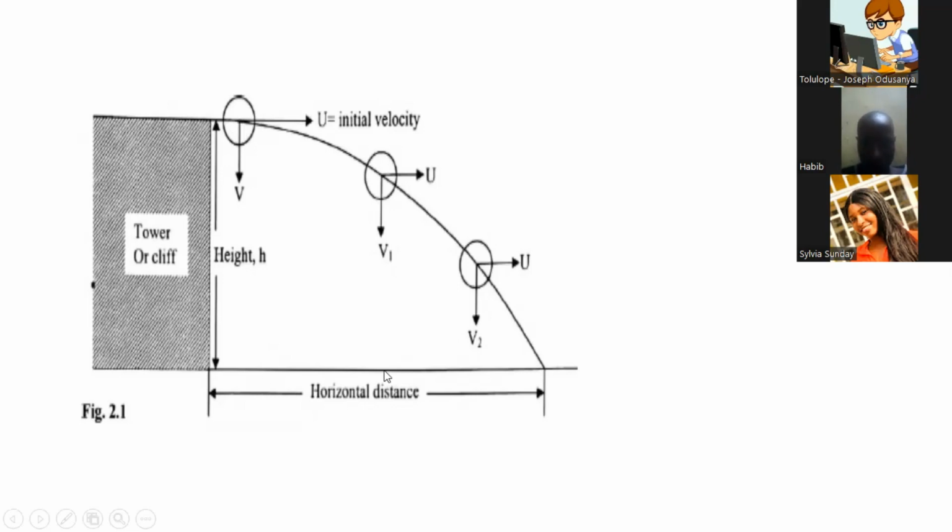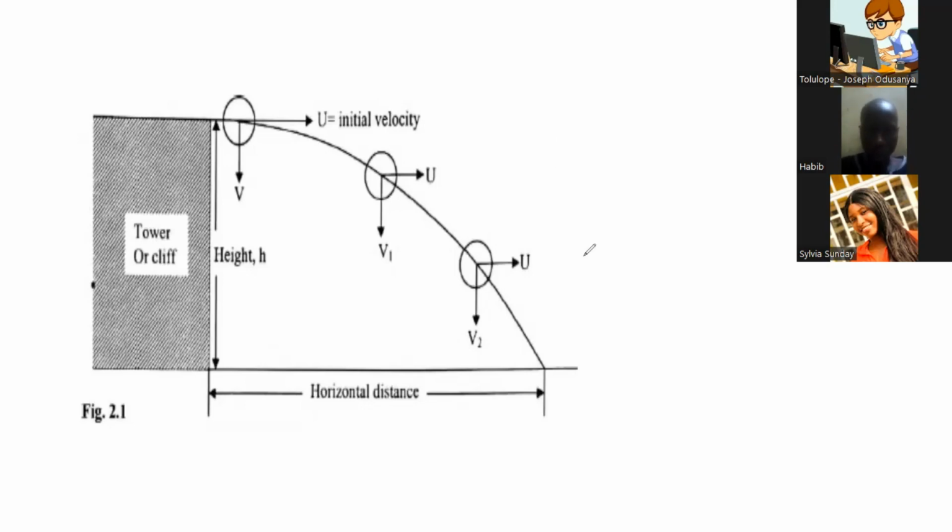The first one is the horizontal motion, which is moving at constant velocity. The other one, the vertical one, is moving under gravity. This kind of motion, we can resolve it.